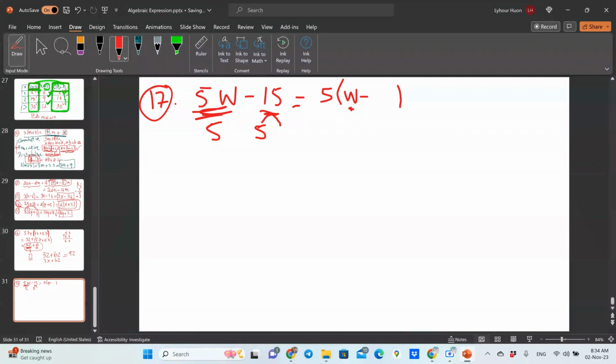So when we take 5 out, we remain with 3.